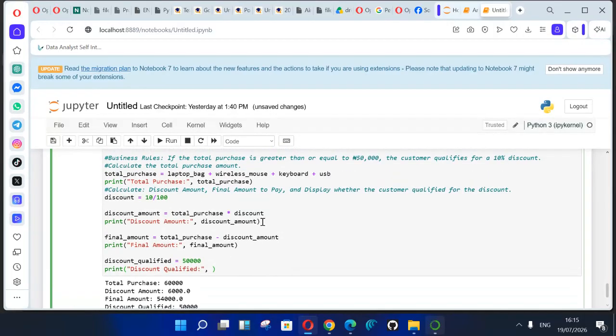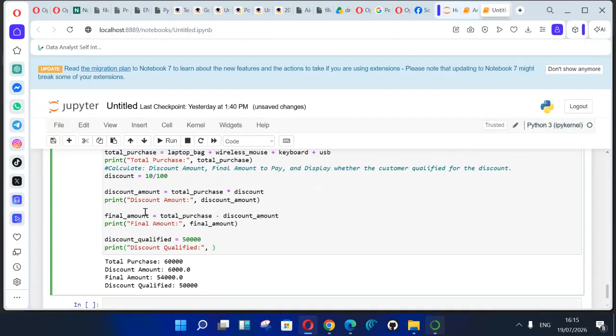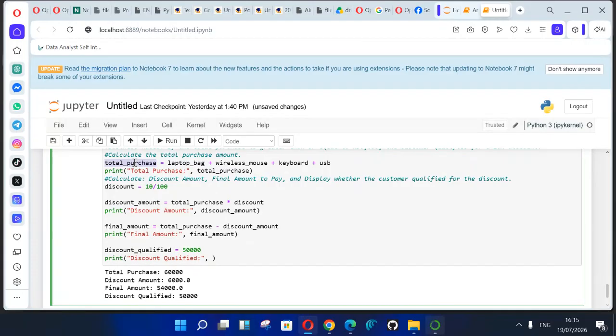The rule is if the total purchase is greater than, your purchase is greater than, then discounts qualified. Yeah, I think we are good to go.